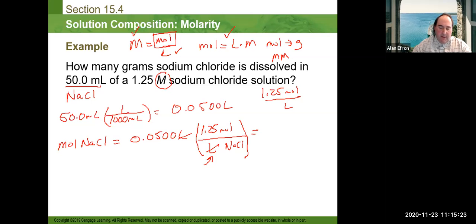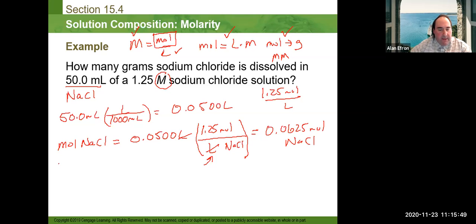So if we take 0.05 times 1.25, we end up with something like 0.0625 moles of sodium chloride. In this particular case, we are interested in the whole thing. We've done a couple examples where we're interested in just the ions, but here we are interested in the whole thing. So our last step is to go from moles to grams using the molar mass from the periodic table.